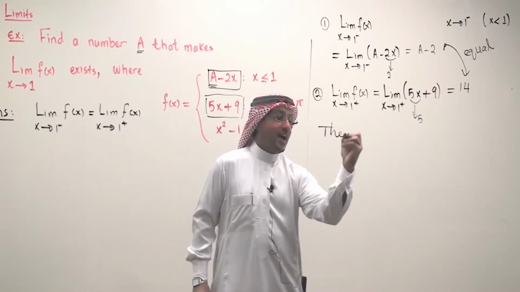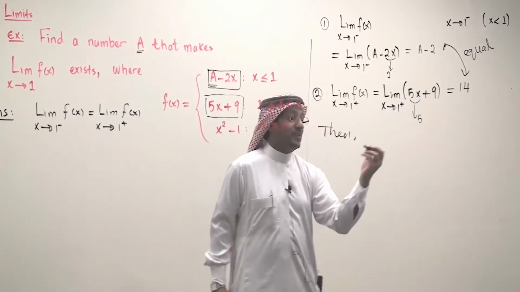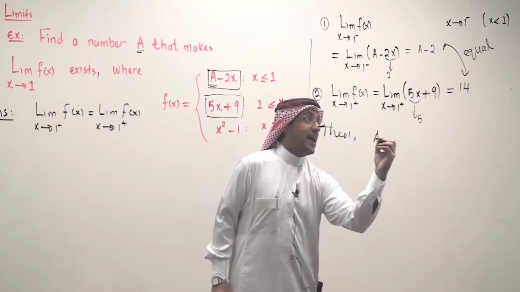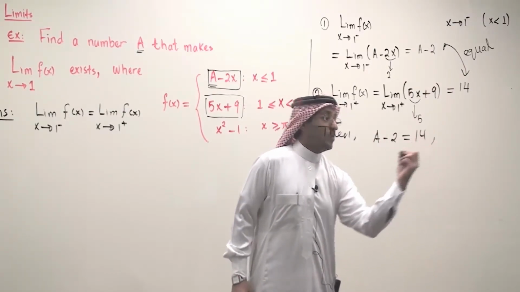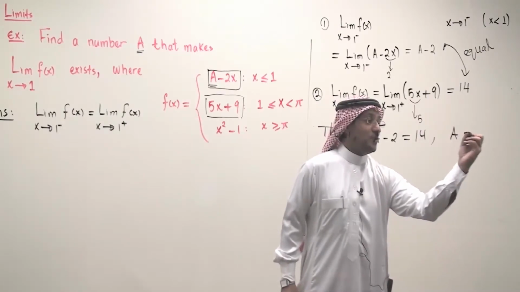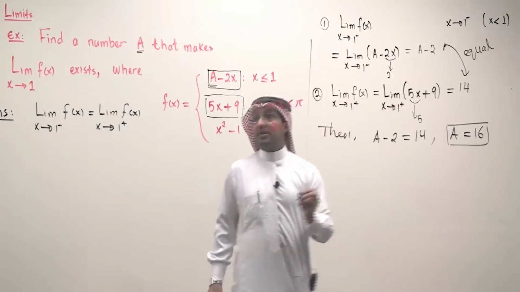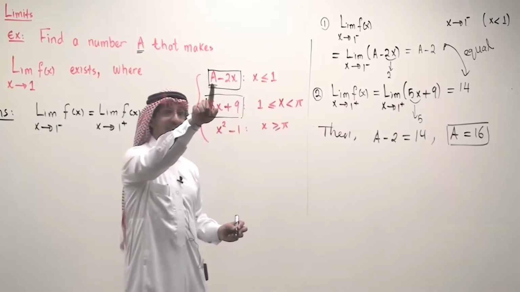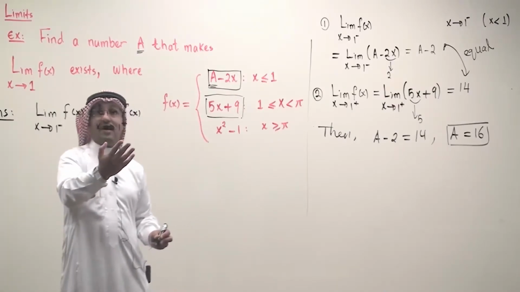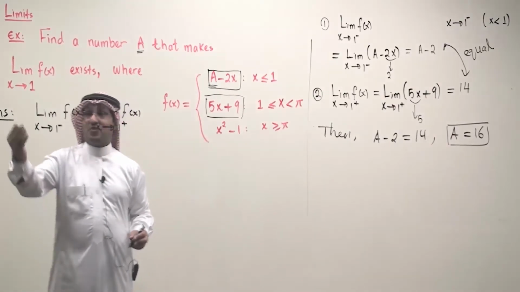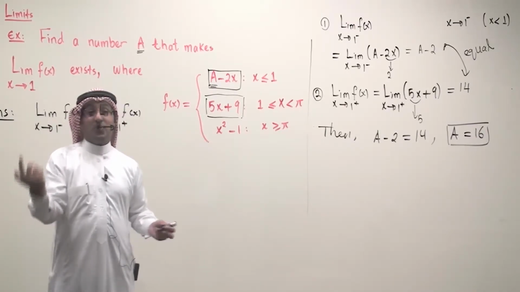Then I require the first limit to be equal to the second limit. So a minus 2 is equal to 14, which gives me a equals 16. So when I put this number 16 here, the limit from left and the limit from right will be equal, and therefore the limit of f of x as x goes to 1 will exist.